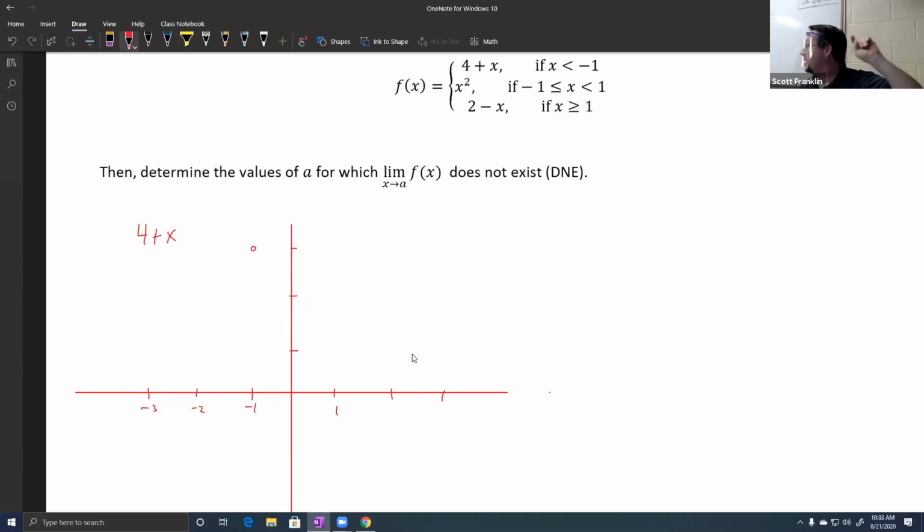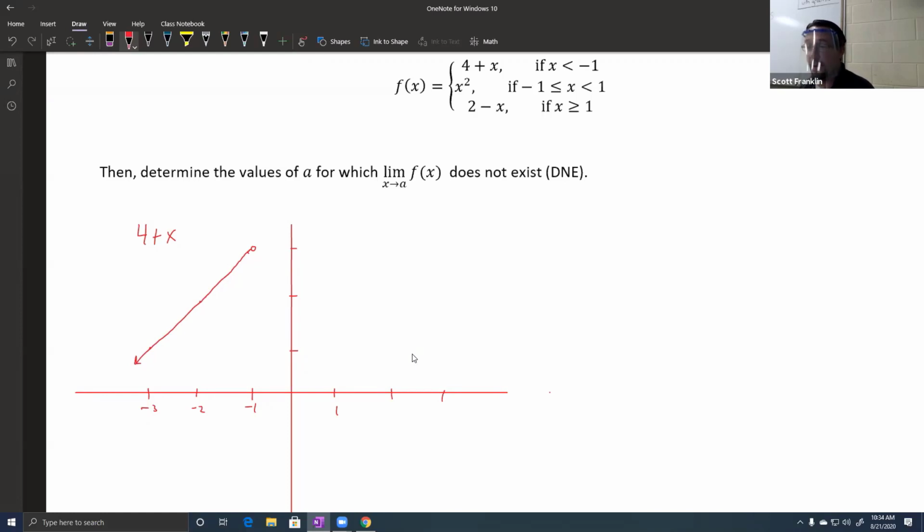That means if I go to the right, it goes over 1, up 1. If I go to the left, it would be left 1, down 1. So I know if I plug in, say, -2, I'm right here. If I plug in -3, I'm right here. So this line just looks like this. That's what the piece to the left of -1 looks like.